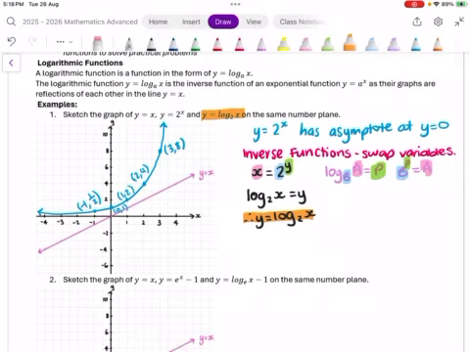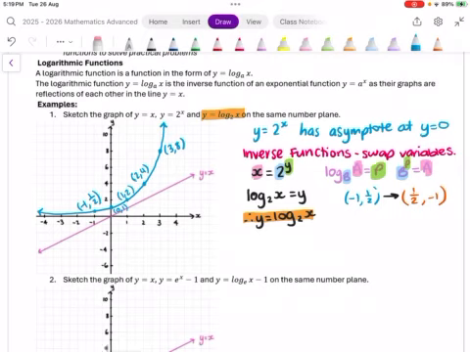So what this means is that to sketch y equals log base 2 of x, we're going to swap all of the values of our coordinates. My original coordinate of (-1, 1/2) is going to become (1/2, -1).